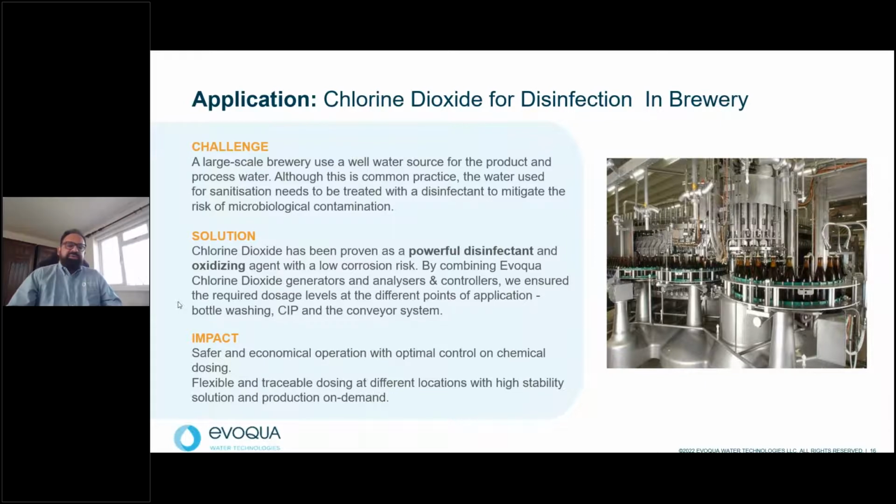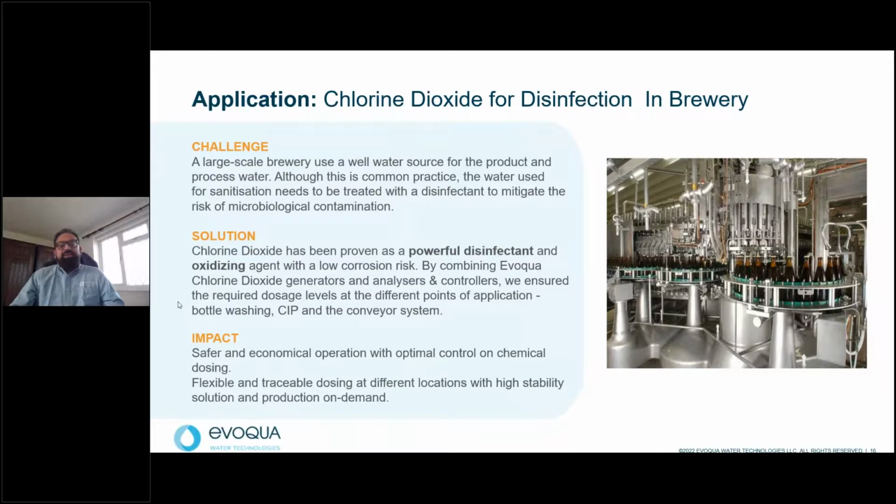With the option available with Evoqua's generation system of the product batch tank, we could manifold together the dosing system. Again, it was coupled with our precise analyzer and controllers, which has given the customer flexibility to dose each individual product line with a very precise dose.